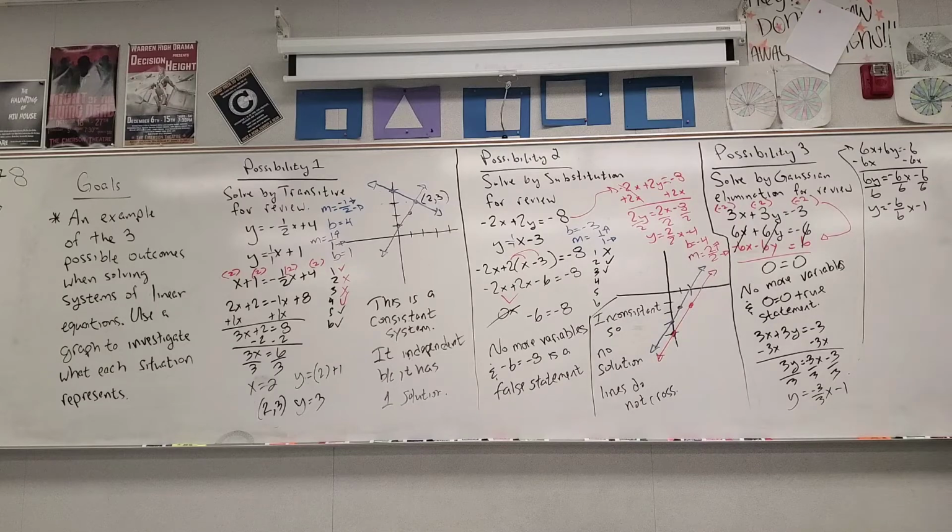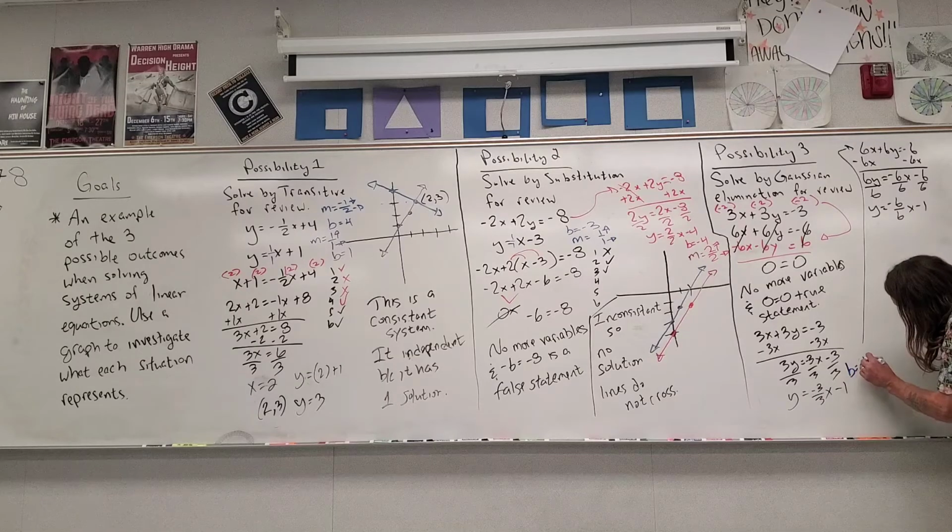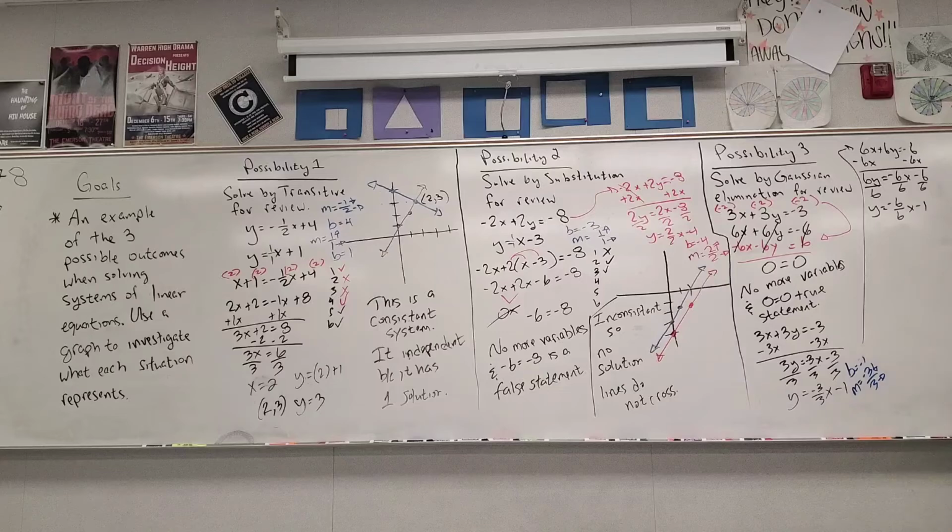Alrighty, so we'll do the bottom equation in blue. I know that my b value is negative 1, and I move down 3 and right 3. Up here, I know my b is equal to negative 1 again, and my m is minus 6, so I go down 6, and I go right 6.